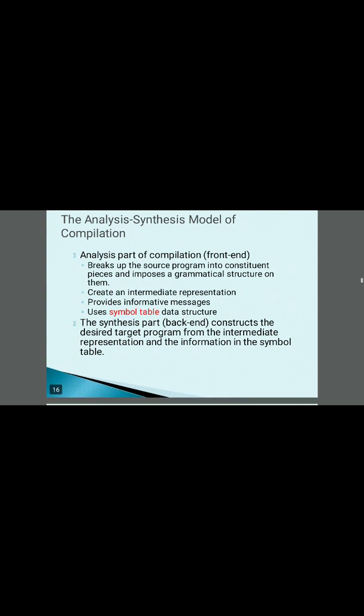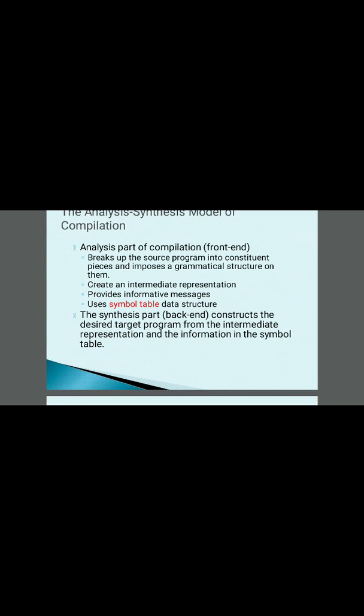It constructs the desired target program from the intermediate representation and the information in the symbol table. Please understand here, the analysis part divides into tokens, applies the grammatical structures and produces some intermediate representations.